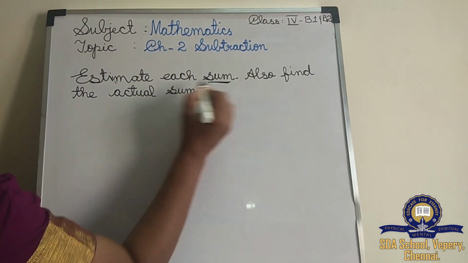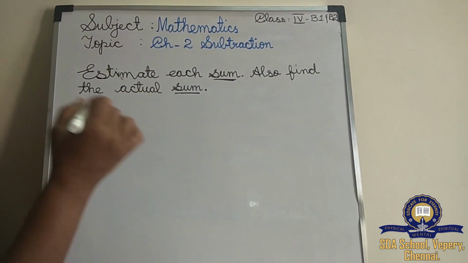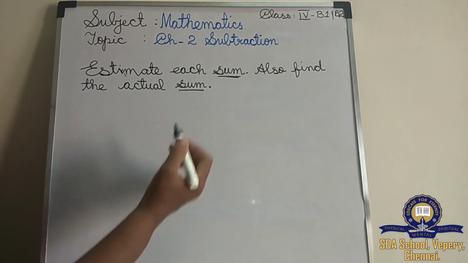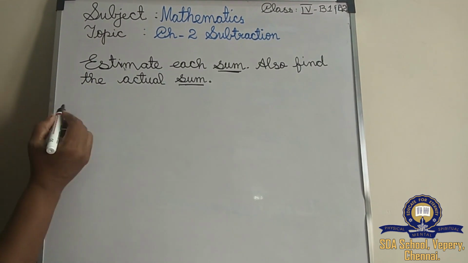Sum means what? Addition. We have to find the round of the number, nearest 10, 100 and 1000. Understood? First we are going to learn the nearest 10.